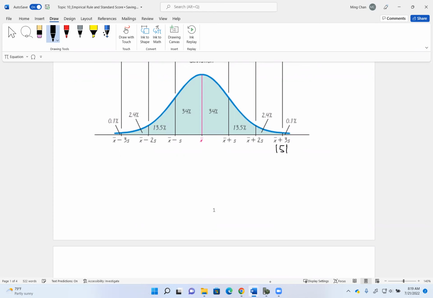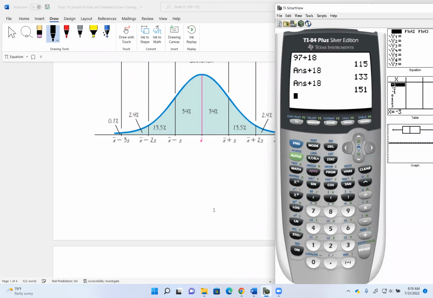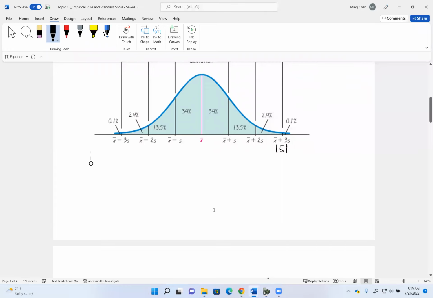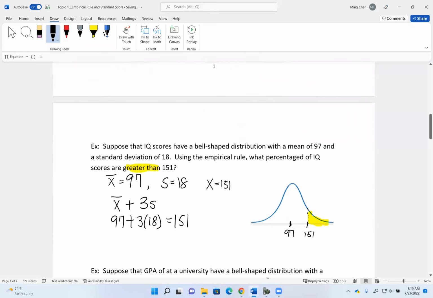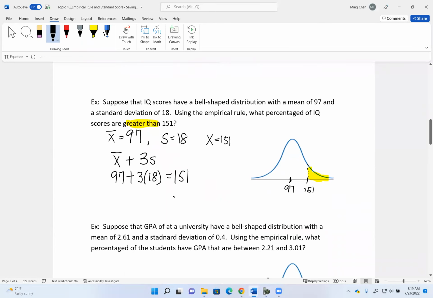I'm looking at greater than 151, and greater than 151 is only 0.1%. So my answer is 0.1%. What we're saying is the percentage of IQ scores greater than 151 is very, very small. It's only 0.1% of the scores that can be higher than 151.